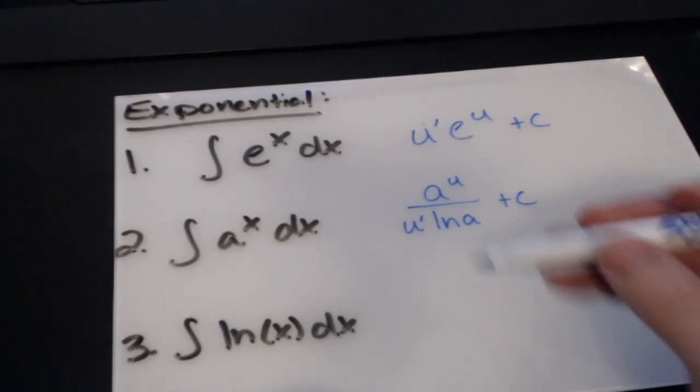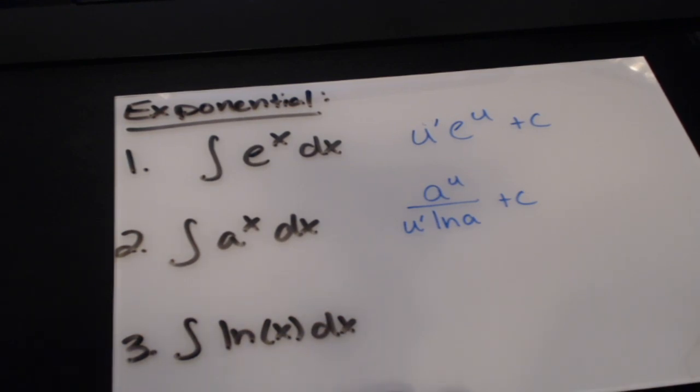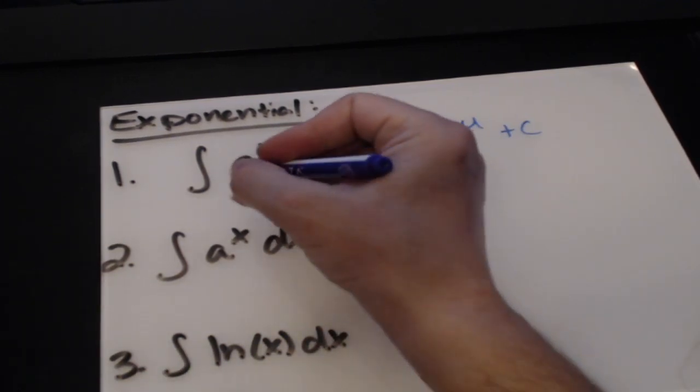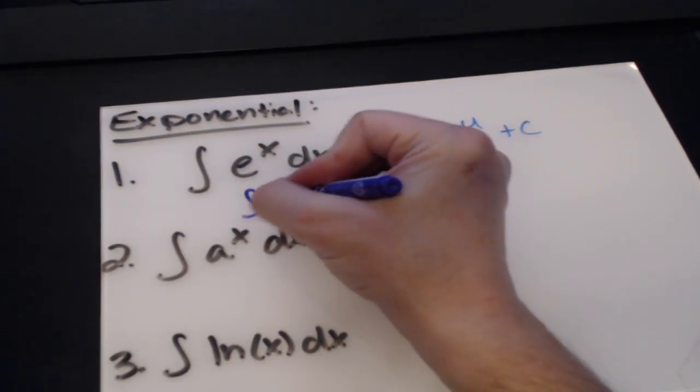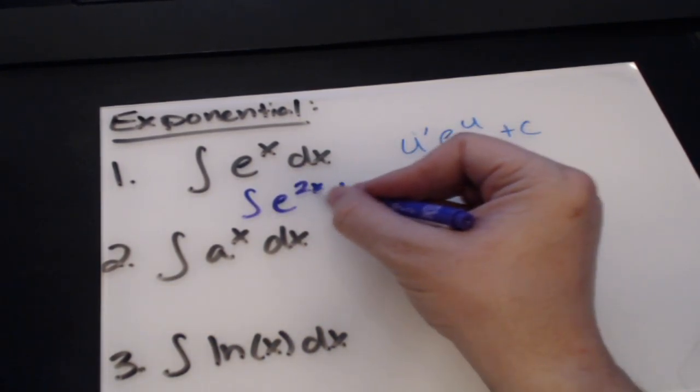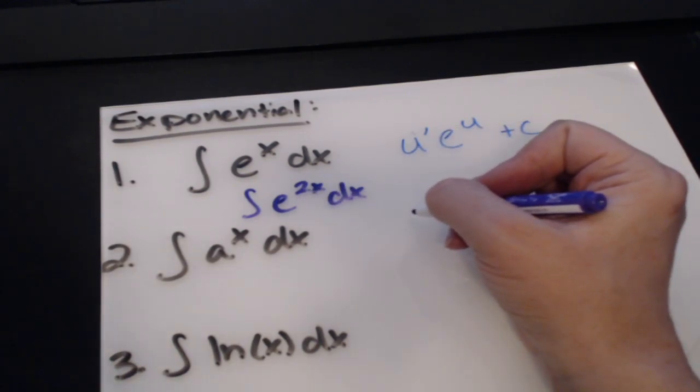We're not going to use these u's right now, but the idea, and I'll show it with this first one, and you can go look at these later, is that if we had a different function, so let me write this out in purple. If we had the integral of e to the 2x dx, we would say, hey, what's the derivative of 2x?